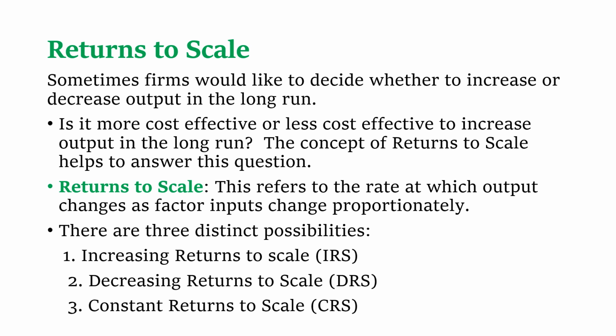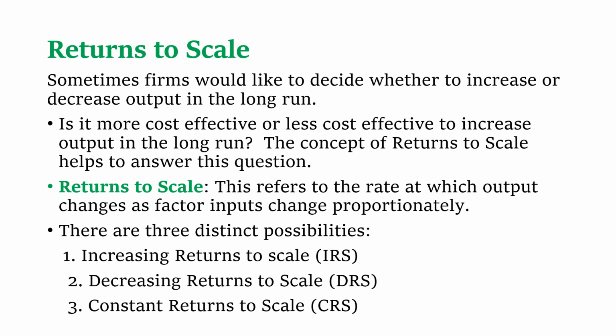So it is not economical for the firm to expand the plant size. It is not economical for the firm to become bigger. It is better to operate a very small factory than a very big factory when returns to scale is decreasing. But if the returns to scale is increasing, then it is more efficient, it is cost effective to increase the plant size.